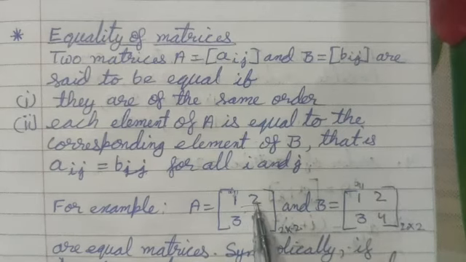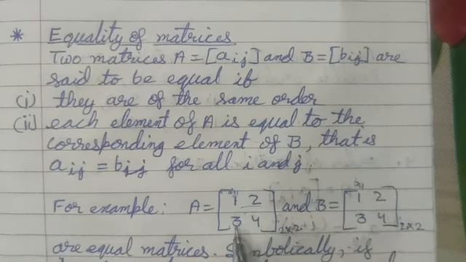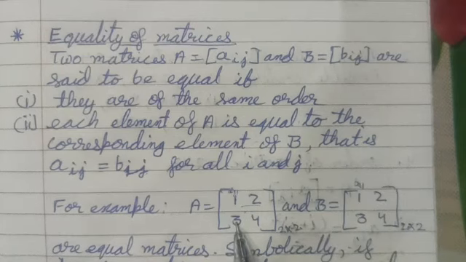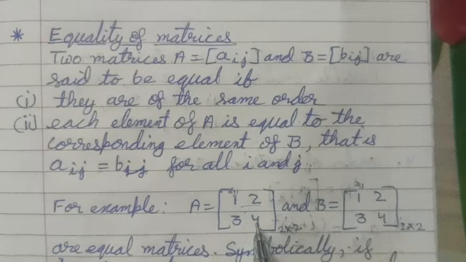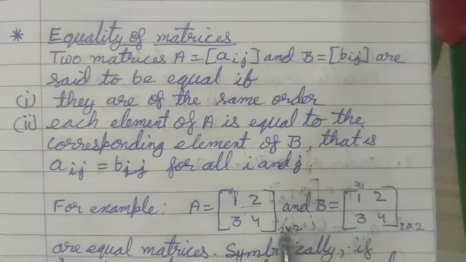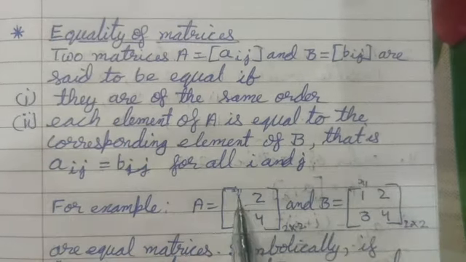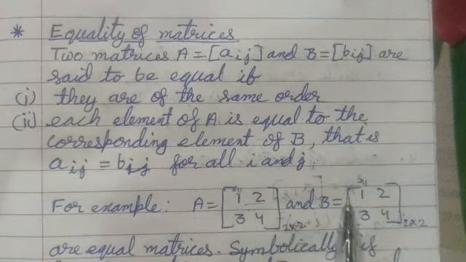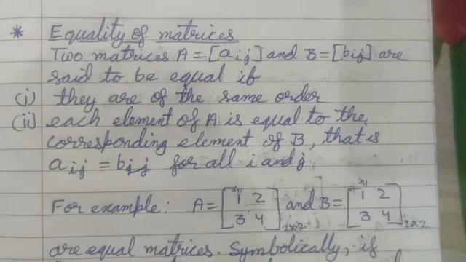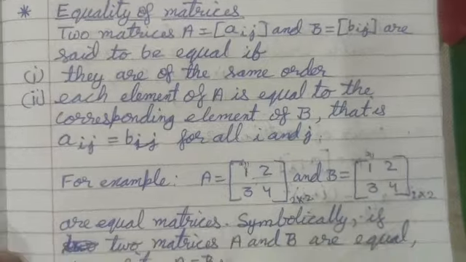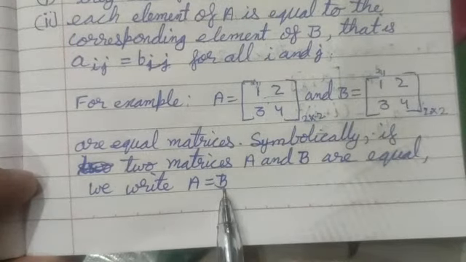Similarly, the element of row 1 and column 2 is the same in both cases. The third element, that of row 2 and column 1, is also the same in both matrices, and the fourth element, that of row 2 and column 2, is the same in both cases. So if all the corresponding elements of two matrices are the same, then these are equal matrices, and we can say that matrix A is equal to matrix B.